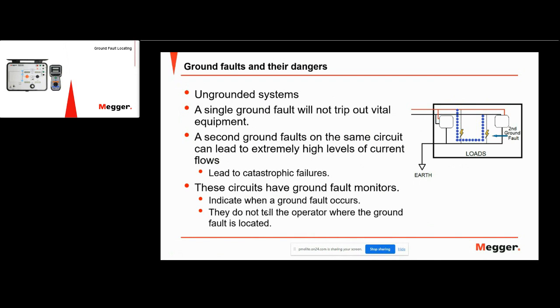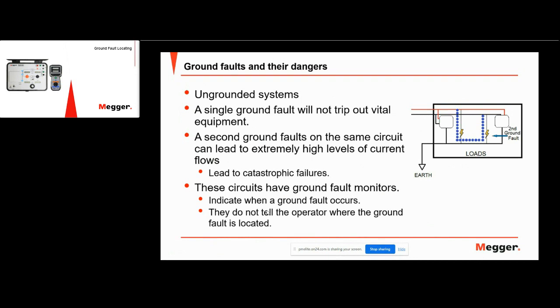In ungrounded systems, if you get one single ground fault, you will not go offline. Now, here's where the problem inherently lies. If you get a second ground fault on the same circuit, that can lead to high levels of current flow and can lead to catastrophic failures.